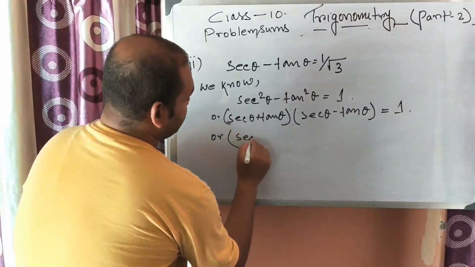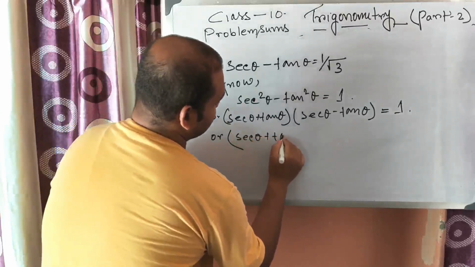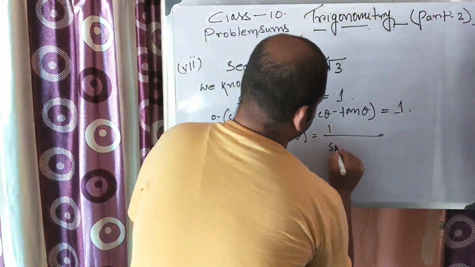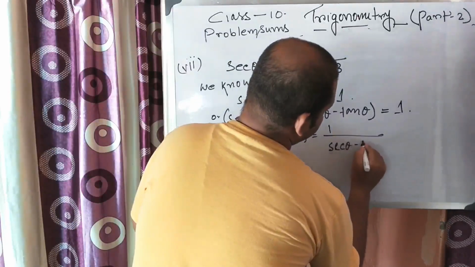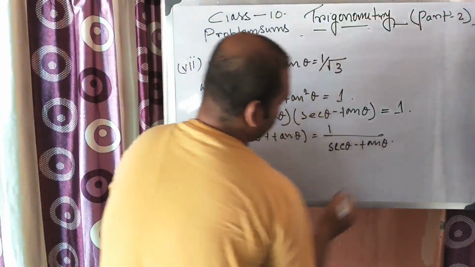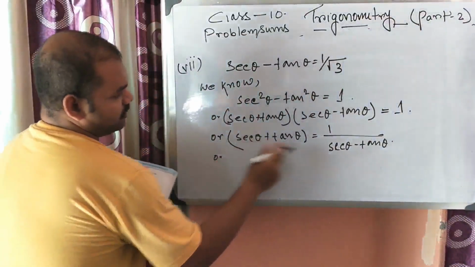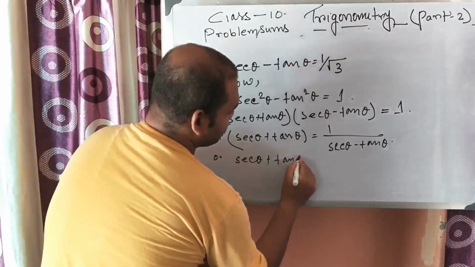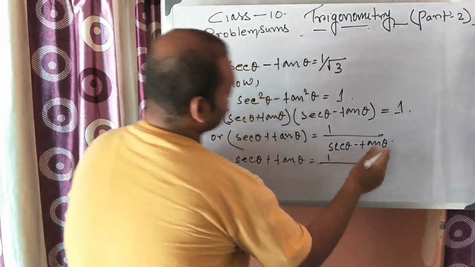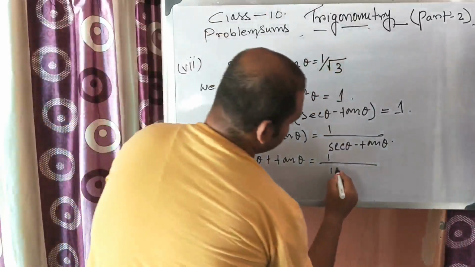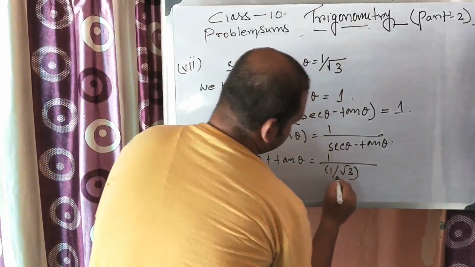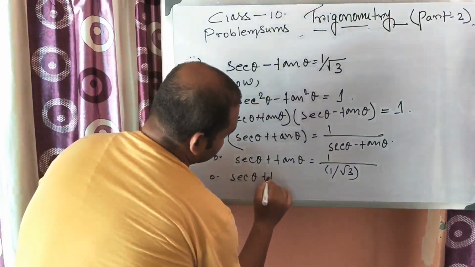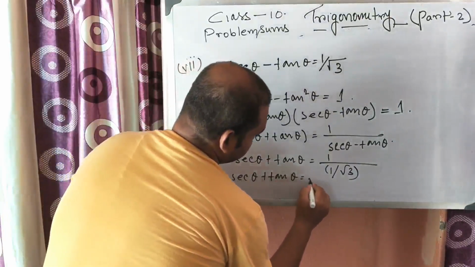So sec theta plus tan theta will be 1 by sec theta minus tan theta. What is the value of sec theta minus tan theta? It is 1 by root 3. So put 1 by root 3 there, and we get sec theta plus tan theta is equals to root 3.